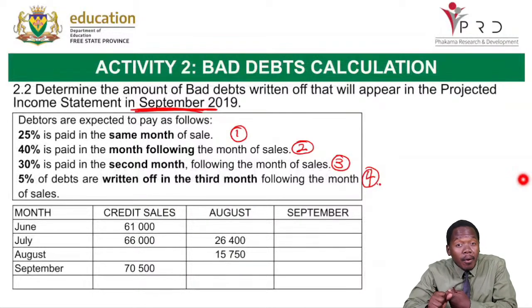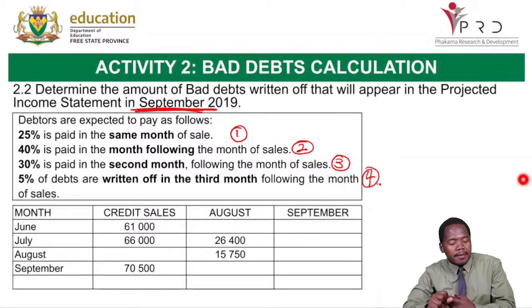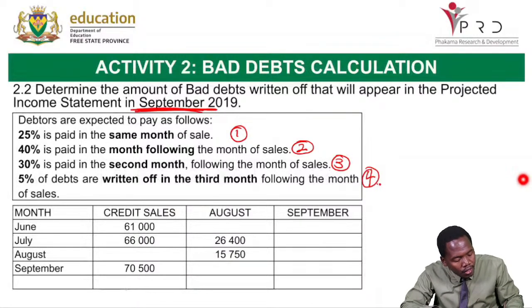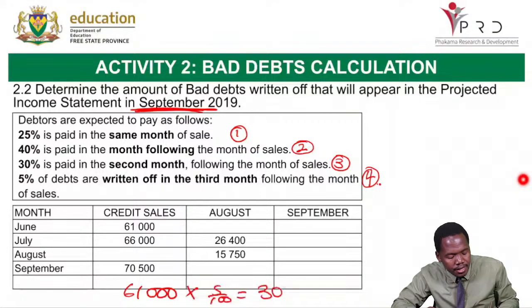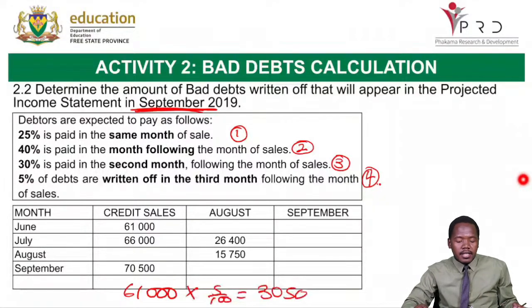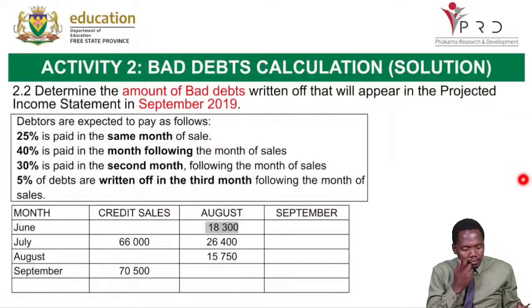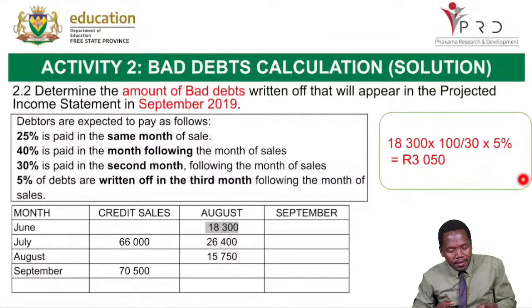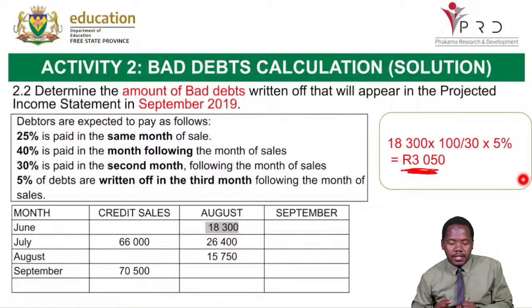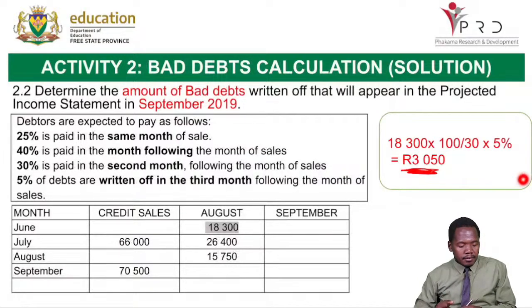Month number 4 will be September. So therefore, it is 61,000 multiplied by 5/100. Then we get 3,050. Okay?